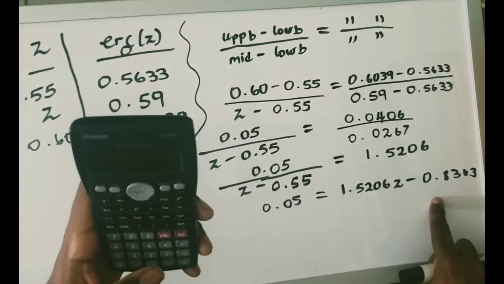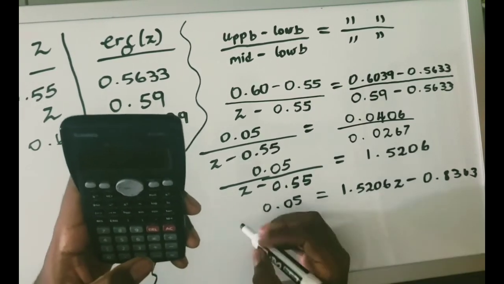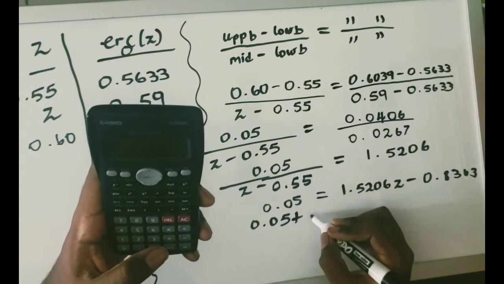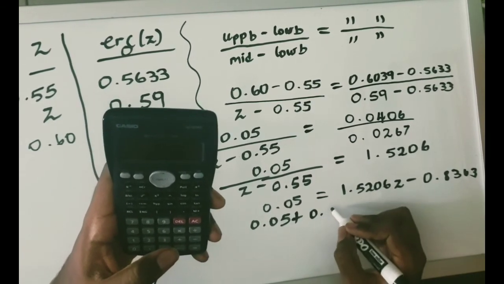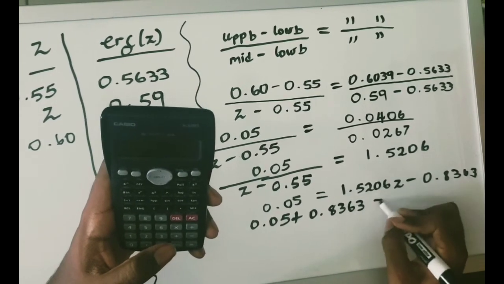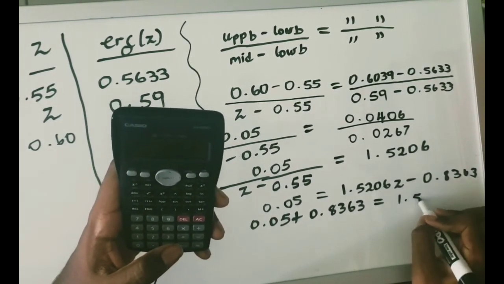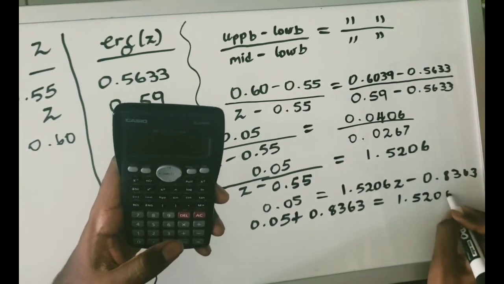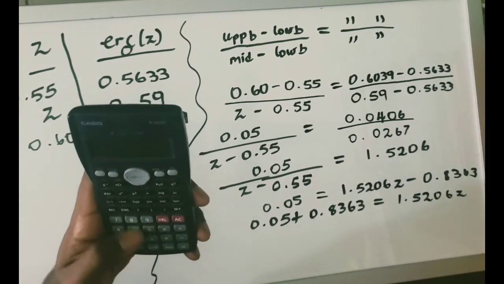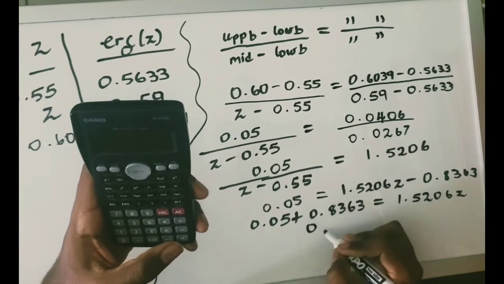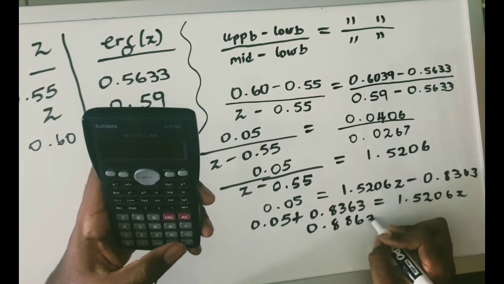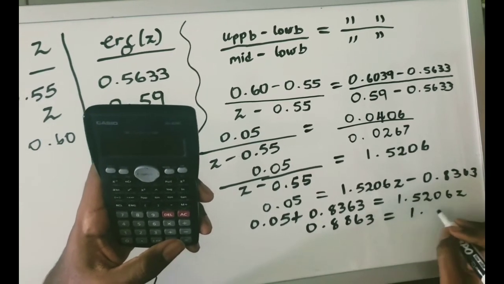Going to add both sides by the 0.8363, so we'll get 0.05 plus 0.8363, and this will be equal to 1.5206z. Now we're going to add 0.05. We get 0.8863. This will equal 1.5206z.